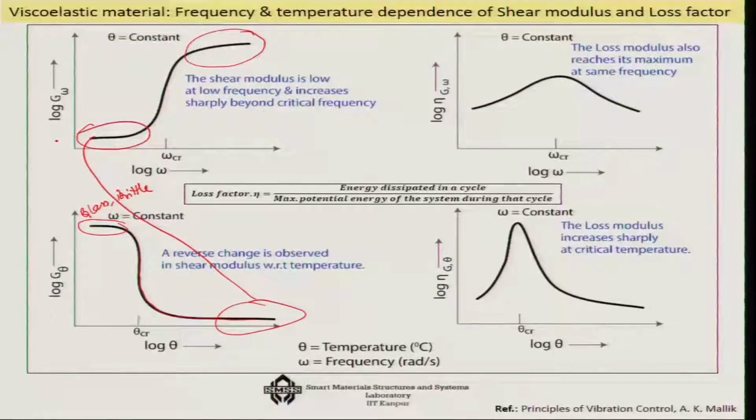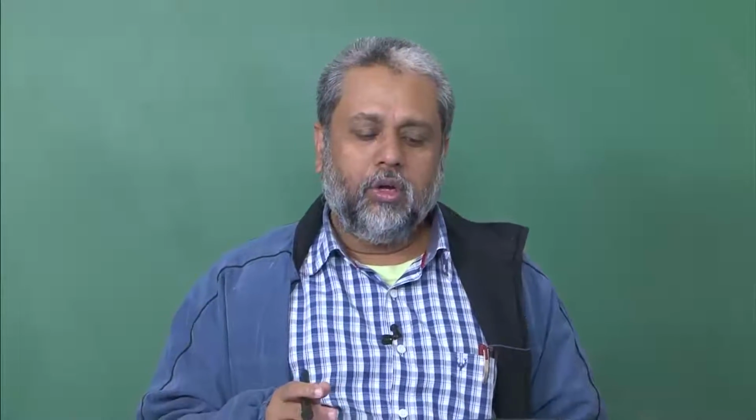What does it mean? It means that if the dynamic excitation that you apply to a viscoelastic material is very low, then the system gets enough time to self adjust itself. So, all the motions are possible, and in a low frequency scenario you get a low modulus of elasticity, because it behaves like a flexible material.